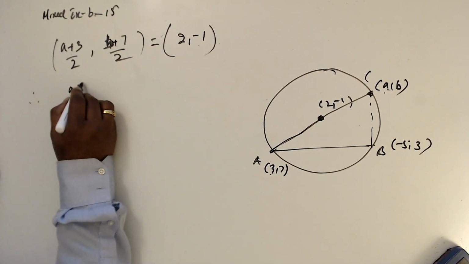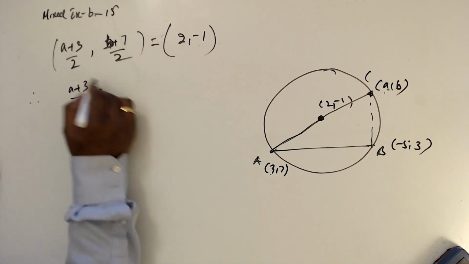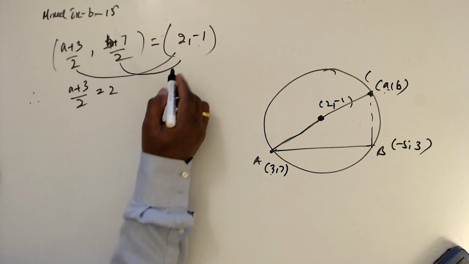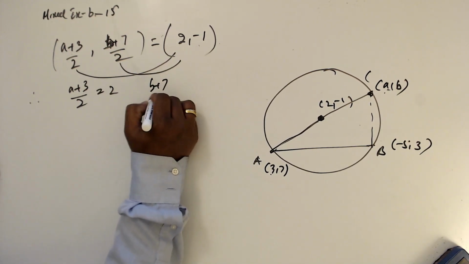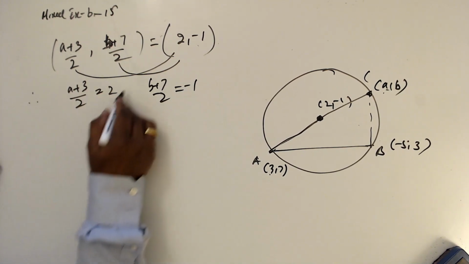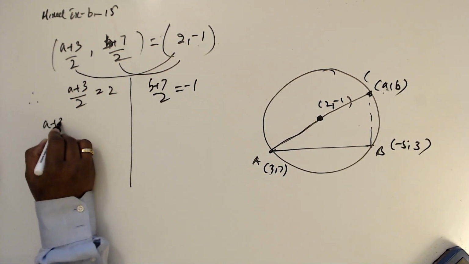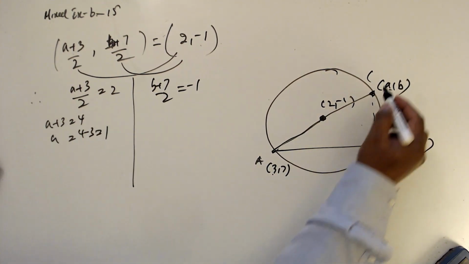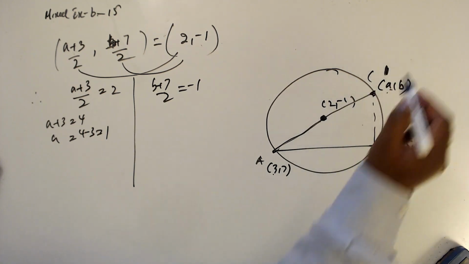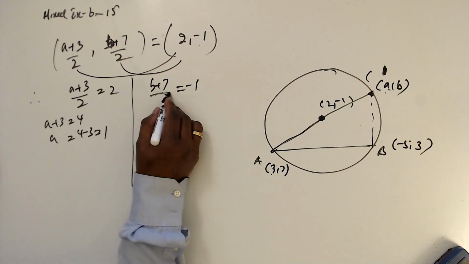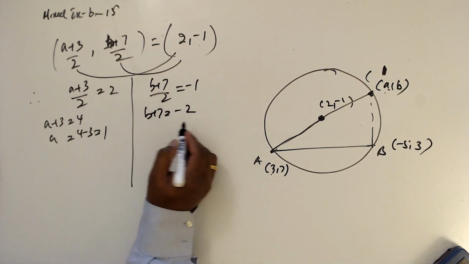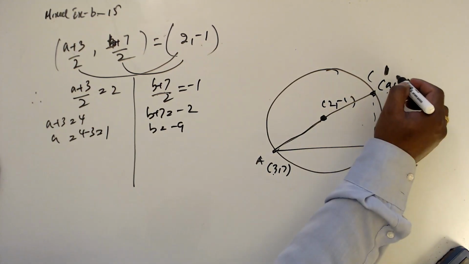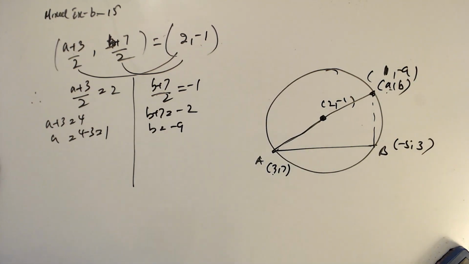Hence a plus 3 divided by 2 equals 2, and b plus 7 over 2 equals minus 1. So a plus 3 equals 4, a equals 4 minus 3 equals 1. And b plus 7 equals minus 2, so b equals minus 9.